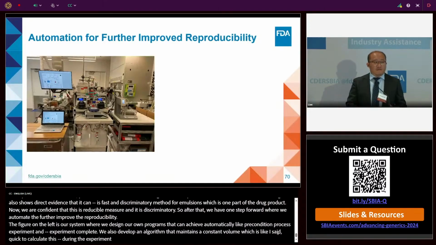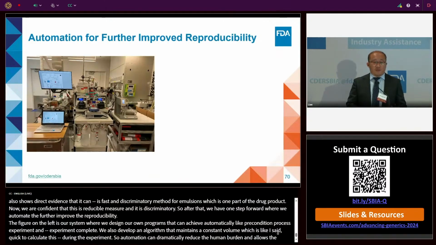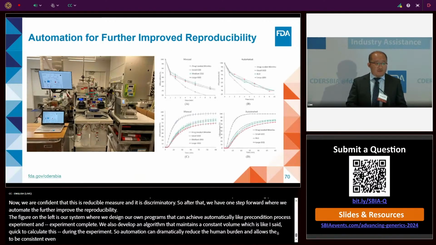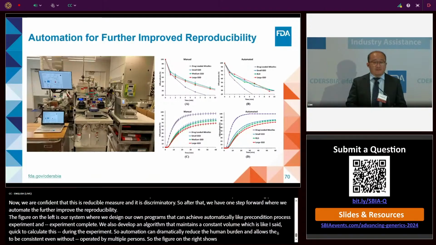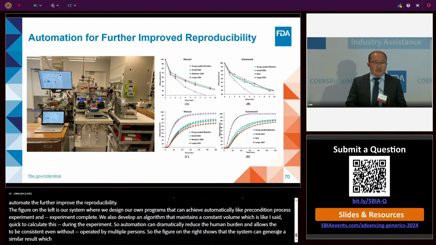So this automation function dramatically reduces the human burden and allows the result to be consistent even if the system was operated by multiple persons. So the figure on the right shows that this automated adaptive perfusion system can generate similar results compared with the manual operations. So the result generated by this system is also trustworthy.